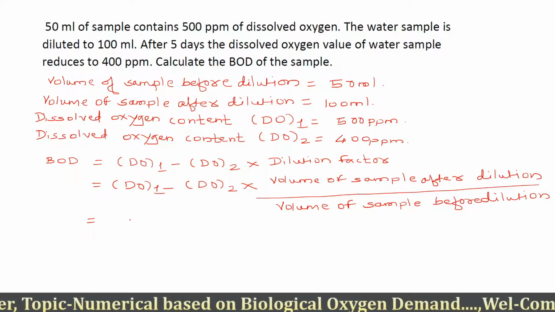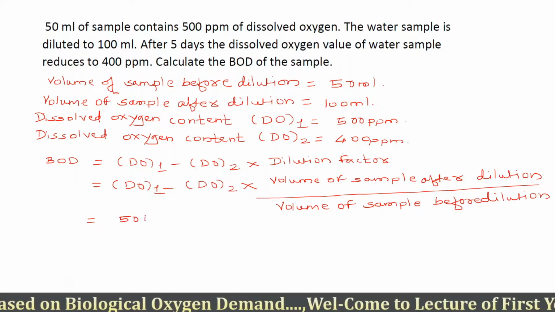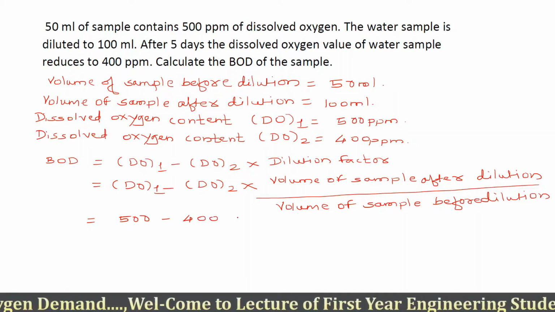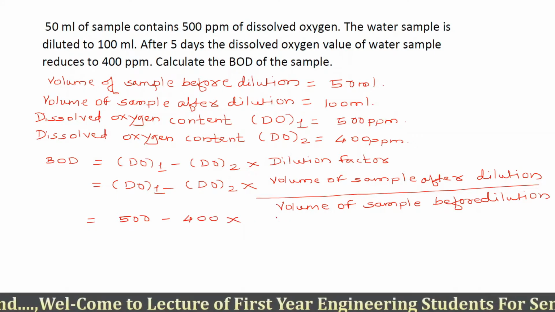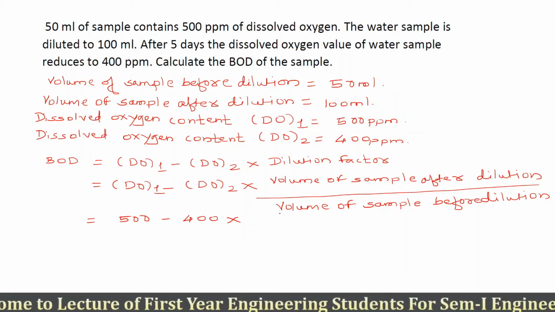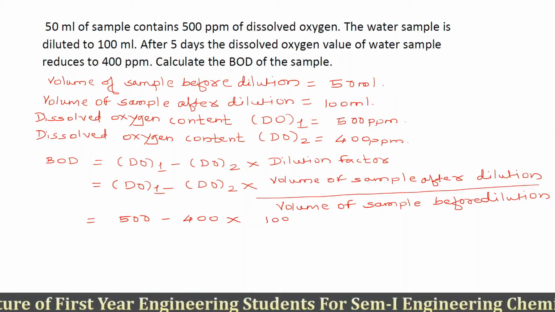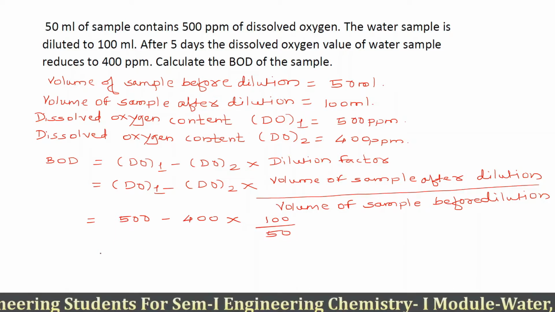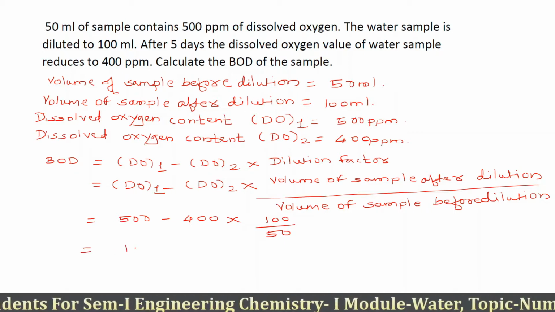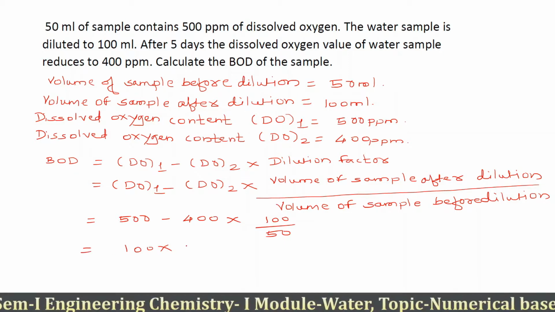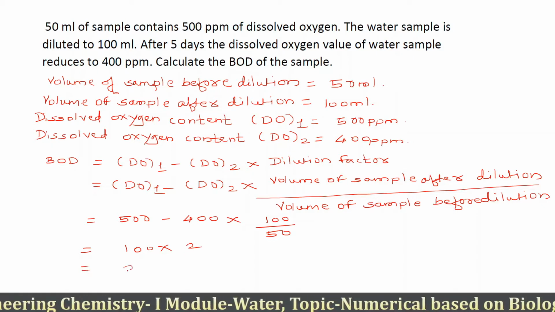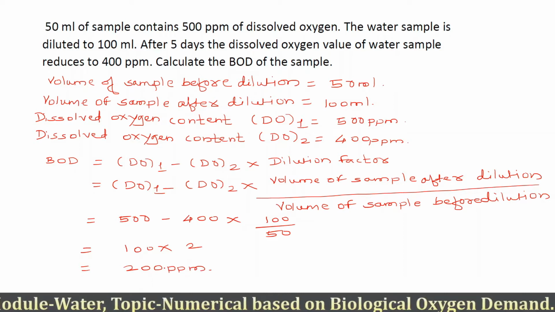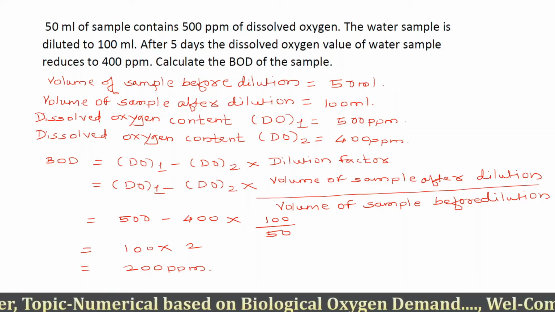So put the values: DO1 is 500 minus DO2 400, into volume of sample after dilution, 100, upon volume of sample before dilution, 50. So 100 into 2, our answer is 200 parts per million.